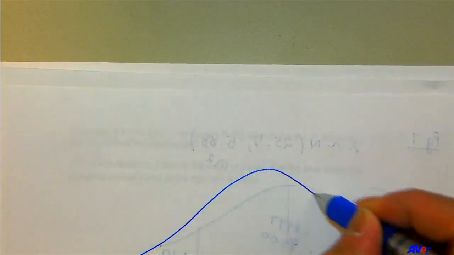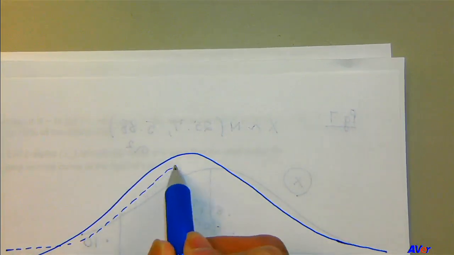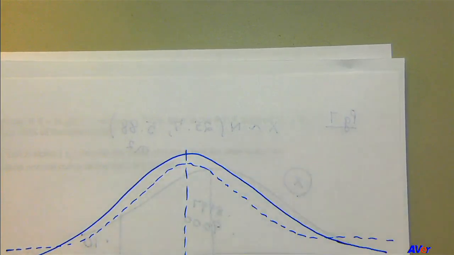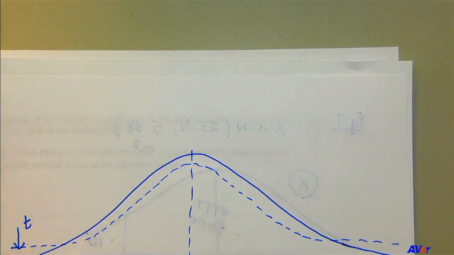So if this is z, this would be a t curve. Very, very similar, symmetrical, unimodal. So these t's have thicker tails than z.